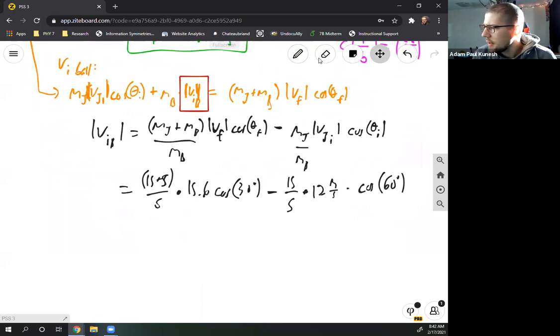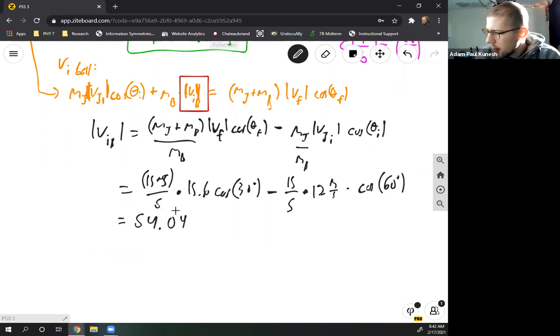Okay, and let's plug in. So 20 over 5 is 4. 4 times 15.6 times cosine of 30 gives me 54.04. Probably that's negligible, but who knows? Okay, kilogram meters per second in the y direction.